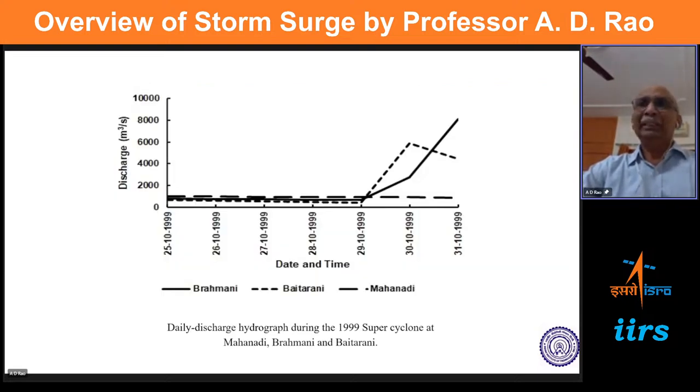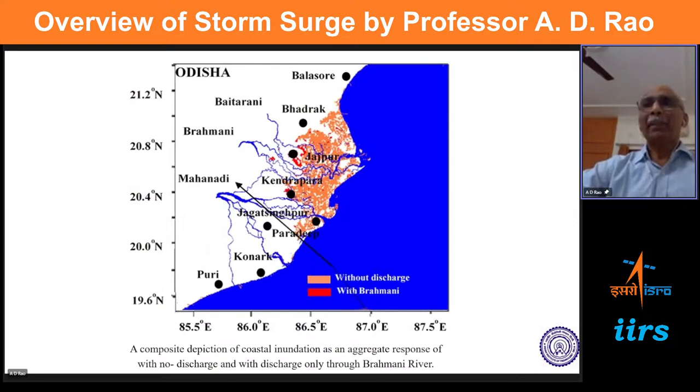And this is the discharge also. We got the data for each tributary, how much discharge in meter cube per second is coming. That is the forcing coming from the upstream end of the river.